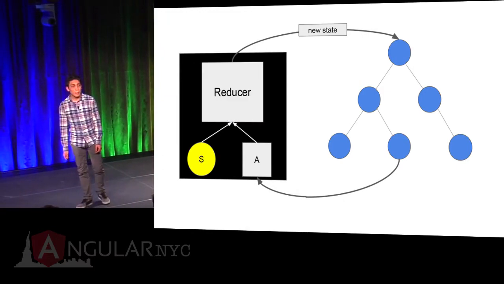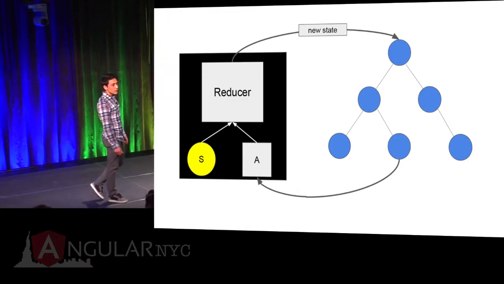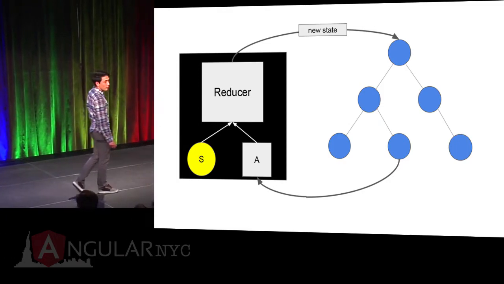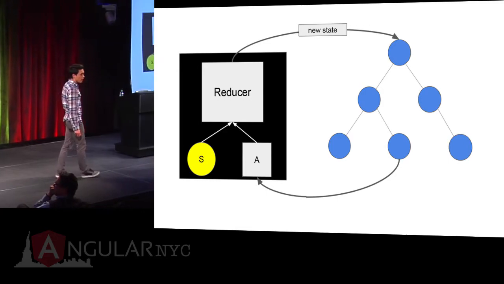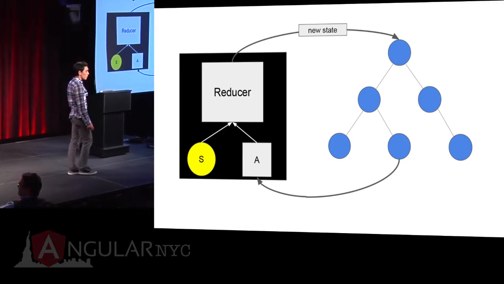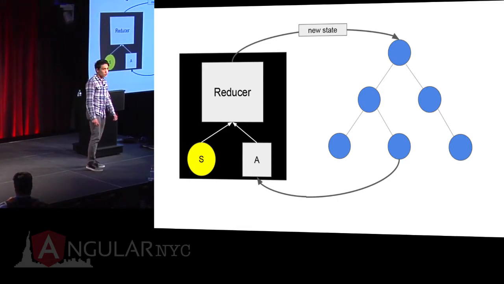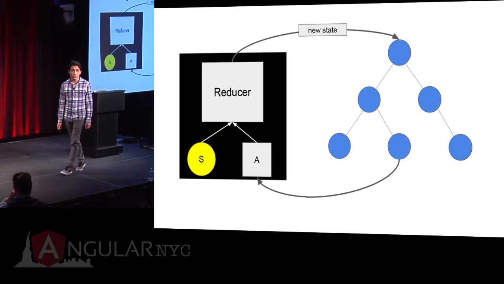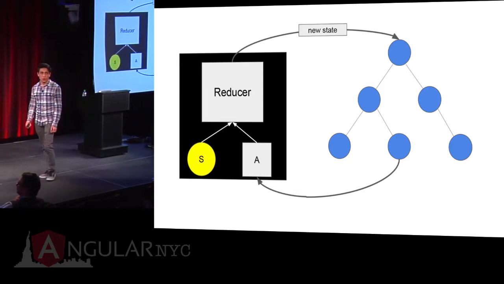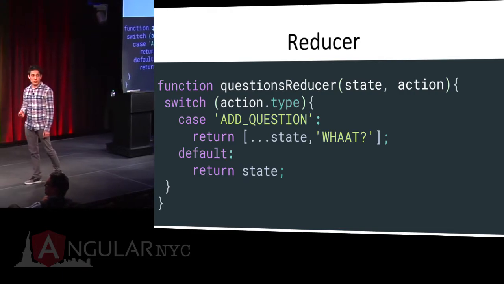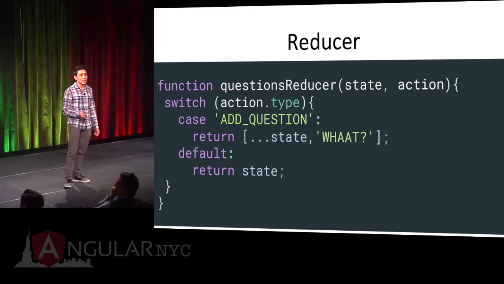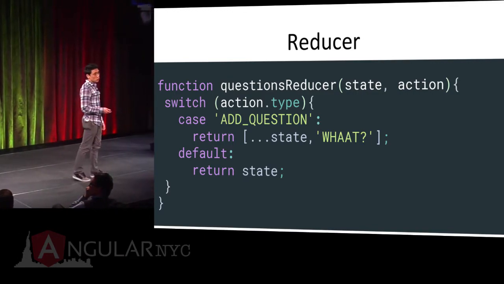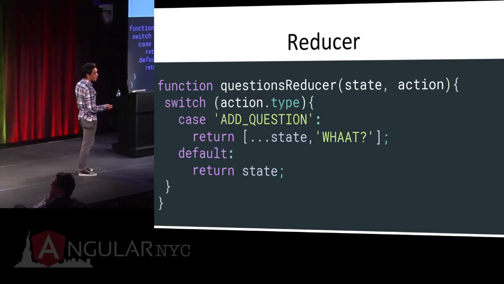It takes the current state, it takes a dispatched action, and depending on the action, it mutates the state and returns a new one to the components. So let's take a look at what a reducer actually is. A reducer is simply a function with two arguments, state and action, which switches over the action type.